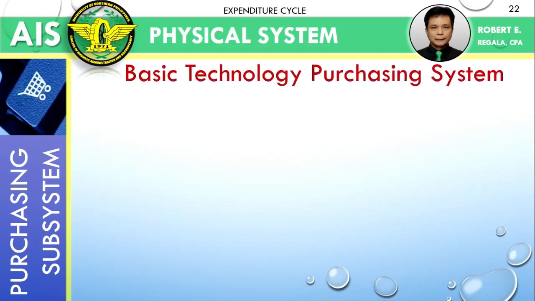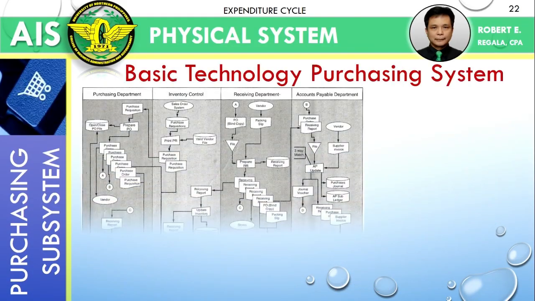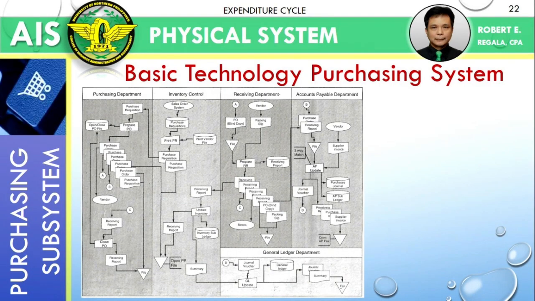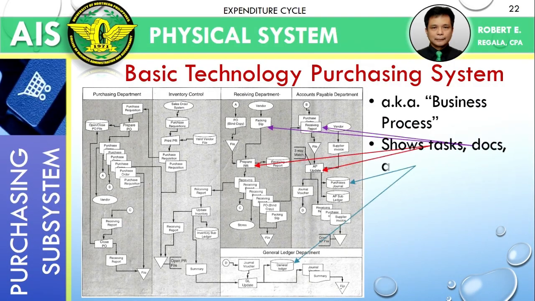Basic Technology Purchasing System. On the slide is the flowchart of a typical basic technology purchasing system. Note that flowcharts are akin to what we call business processes. For classroom purposes, we will refer to this type of document as a business process. These show the tasks, documents, and data files of the process.